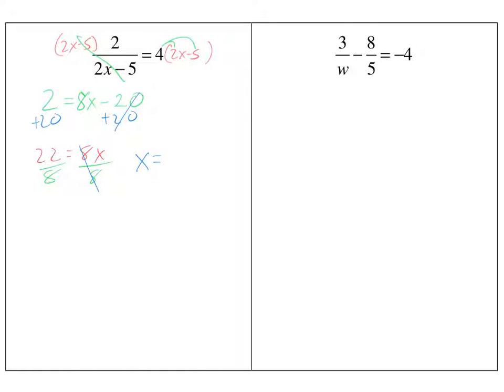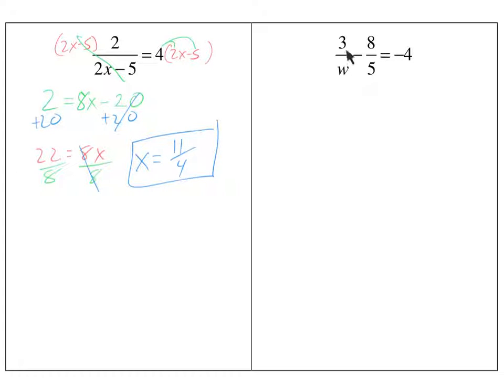And I get x equals, well, 22 over 8 can reduce because they both have a 2 in common. So that's 11/4. Does 11/4 create a 0 in the denominator? My restriction is actually 5 over 2. This, when you plug into here, will not create a 0, so we're okay.